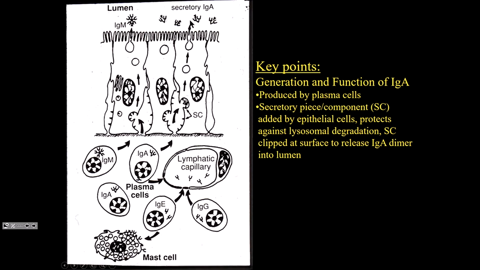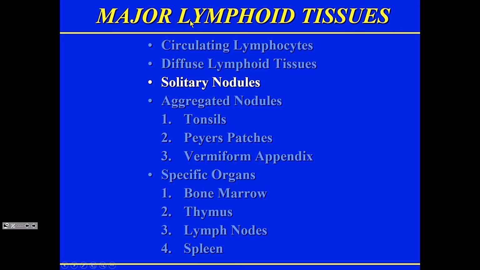Okay, so IgA, called secretory immunoglobulin, secreted across mucosal surfaces such as the GI tract, respiratory tract, reproductive tract. So that's diffuse lymphoid tissue.